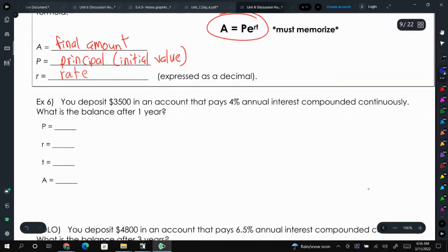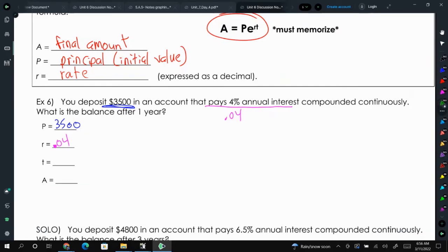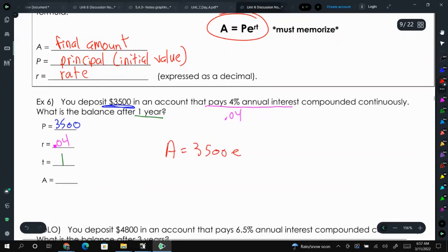So it says you deposit $3,500, so that's your initial value, in an account that pays 4% annual interest, so that's 0.04. Compounded continuously means you're going to use that A equals PERT formula, P times e raised to the rt. T is 1 year. So we're going to do A equals 3,500 times e raised to the 0.04 times 1 power.